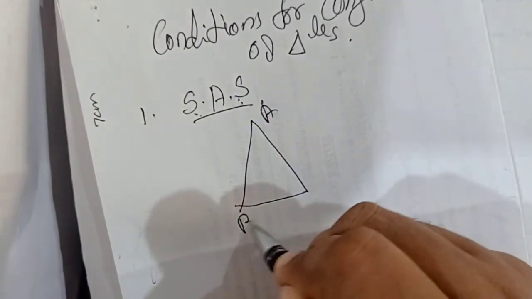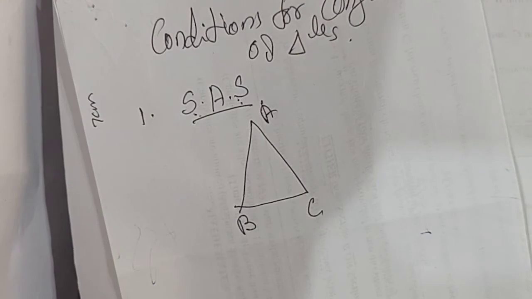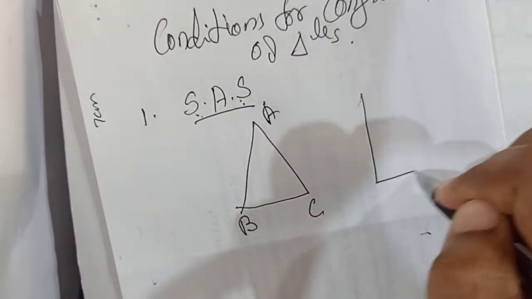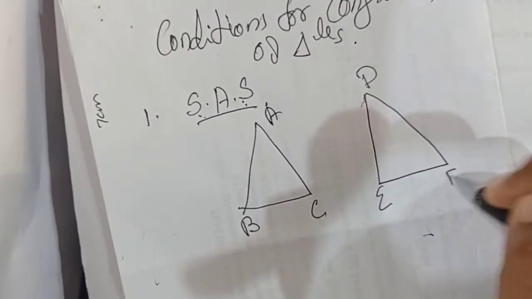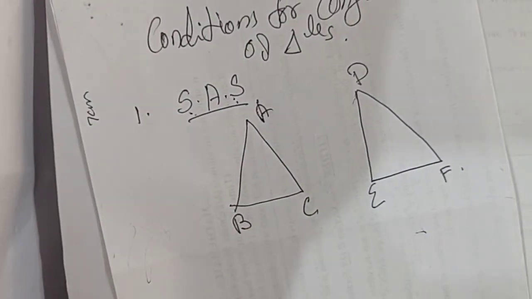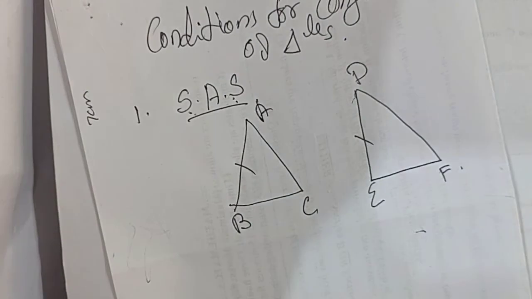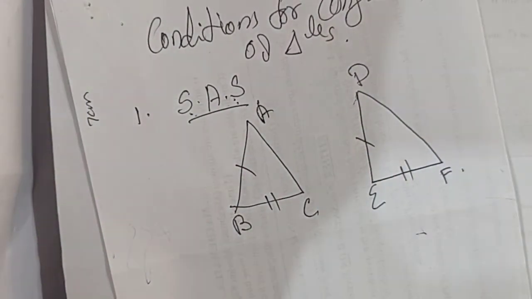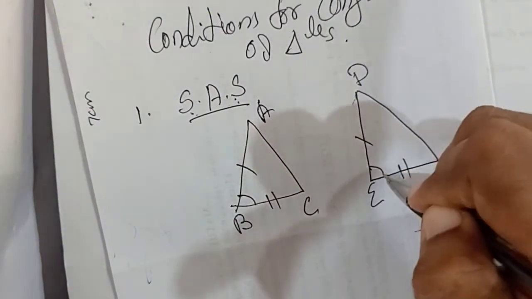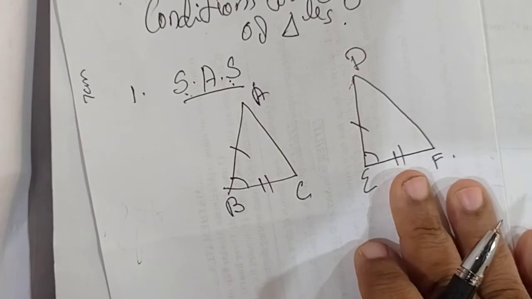Here I draw the triangle ABC and the second triangle DEF. Mark like this. These are the terms given in the question itself.